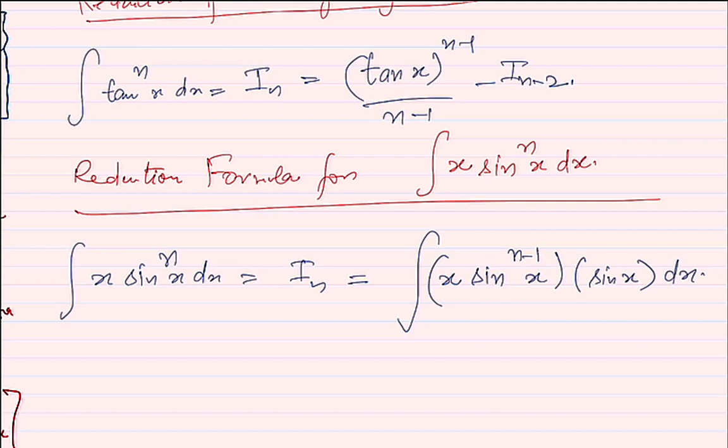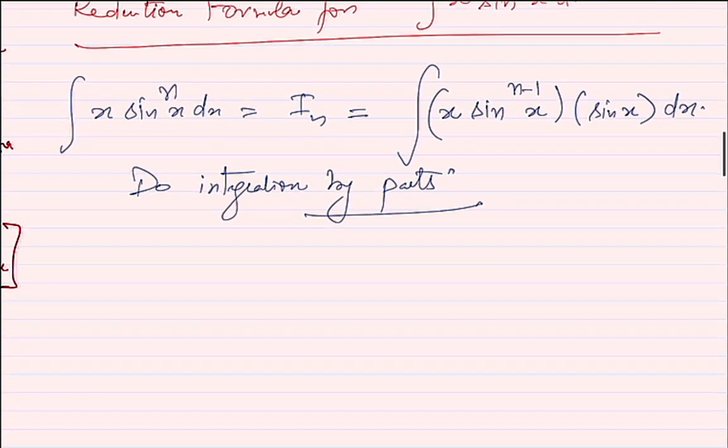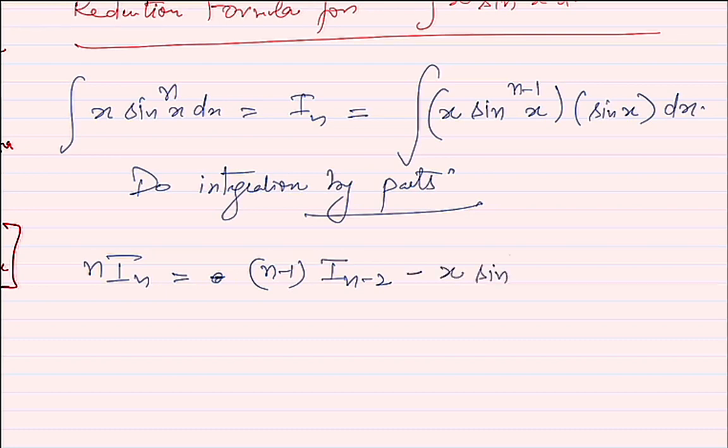Now do the integration by parts, and after some steps you will get n in is, so of course it will be again a similar kind, n minus 1 in minus 2 minus x sin n minus 1x cos x.